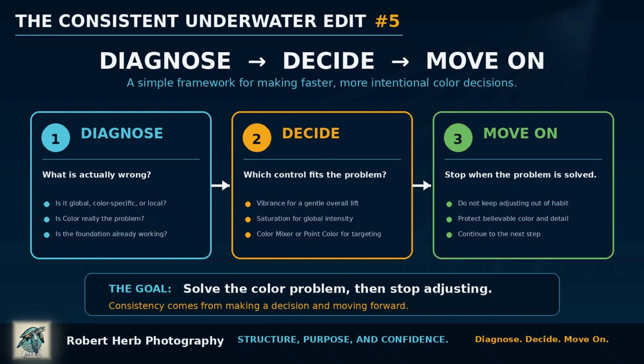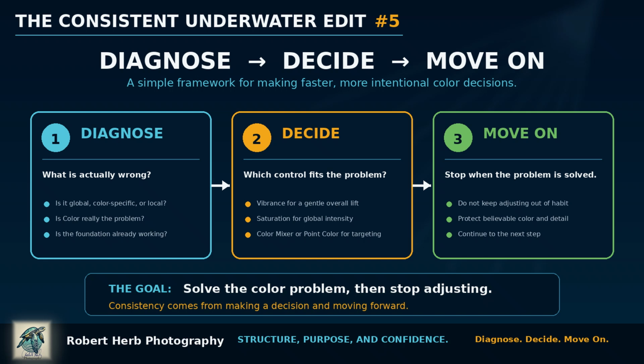Then I decide. Which control fits the problem? Vibrance for a gentle overall lift, saturation for global intensity, the color mixer or point color when I need more targeted control. Then I move on. This is the part many photographers skip. Once the problem is solved, stop adjusting.